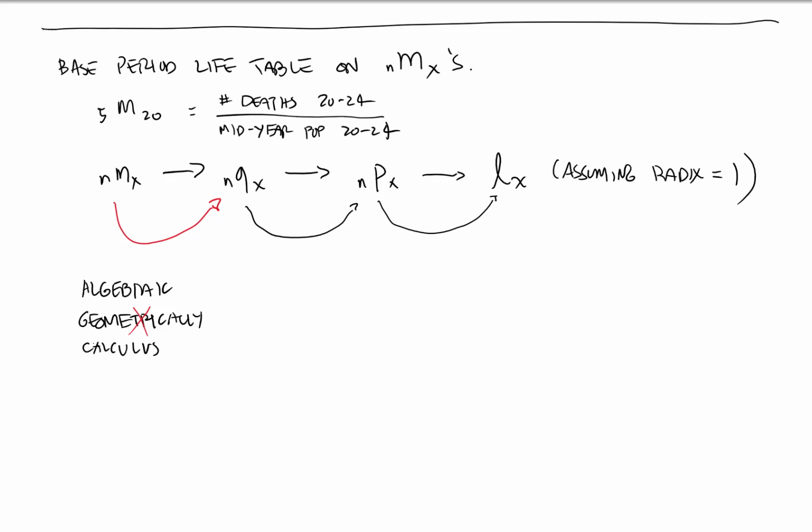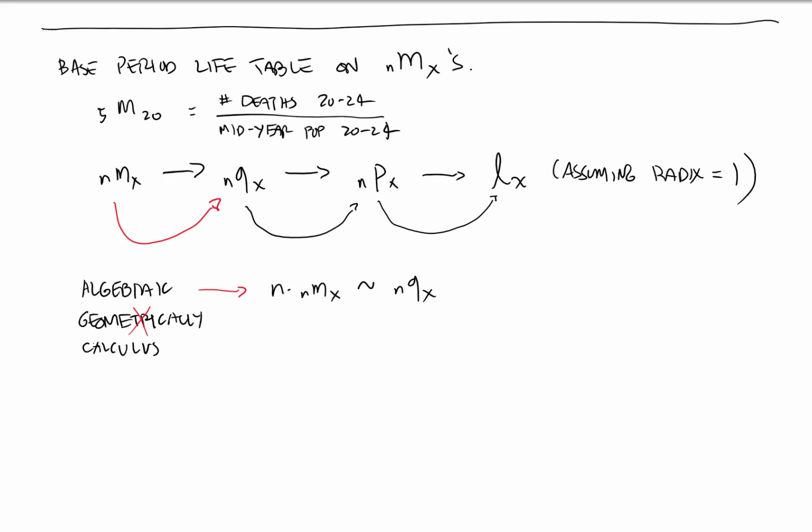The algebraic way, we've said this before, that it turns out that n times nMx is very close to nqx. That's going to be the probability. How close is it? Let me tell you what the actual algebraic calculation is, the conversion.